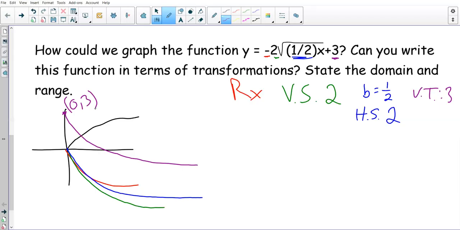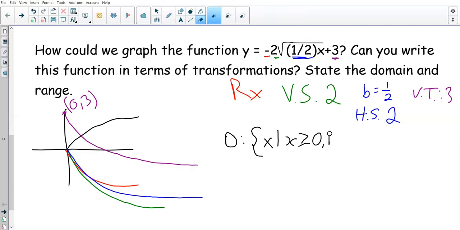We need to do domain and range. So I can see with the domain, nothing's changed, right? I still have, so we're talking about x is greater or equal to 0, and then x is contained in the reals.